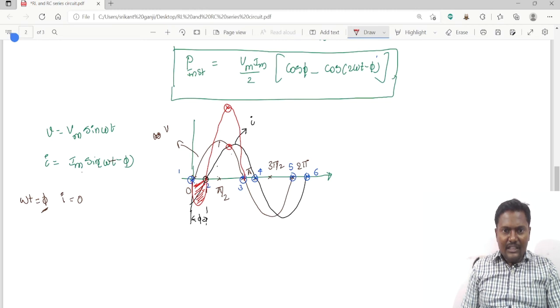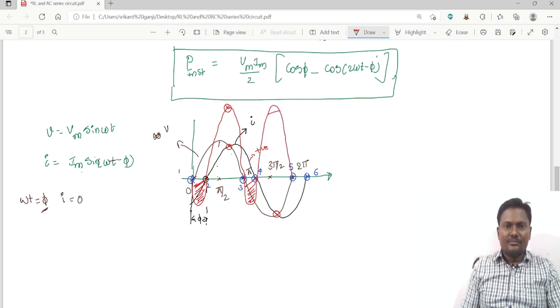And between 3 and 4, if you observe, the current waveform is positive, but the voltage waveform is negative. I have a small portion of negative waveform. And between 4 and 5, negative into negative will be more positive.